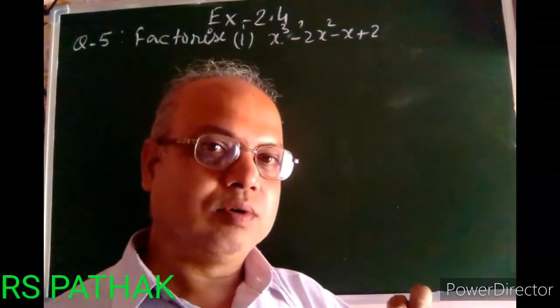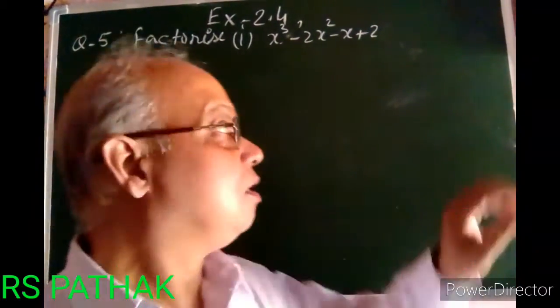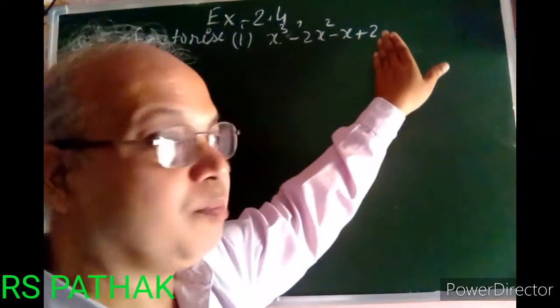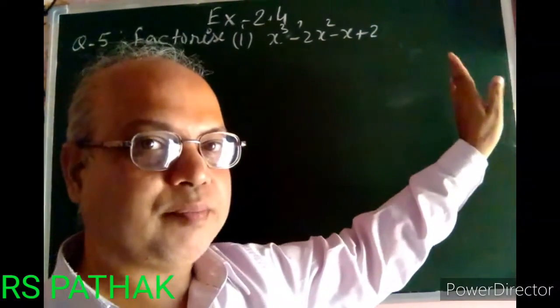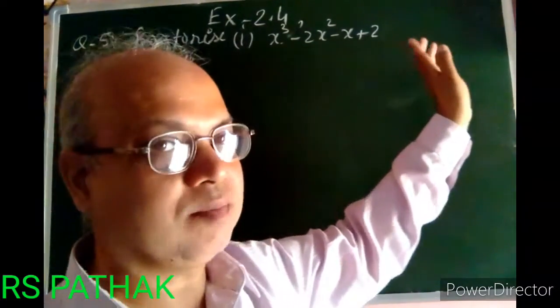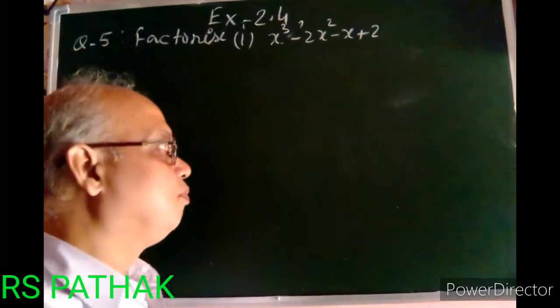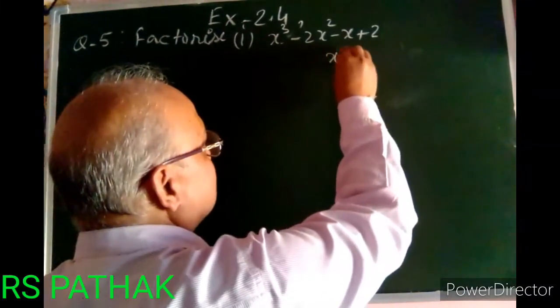The value of x at which this polynomial becomes 0 will give a factor of this polynomial. Therefore, I am putting x equal to 1.